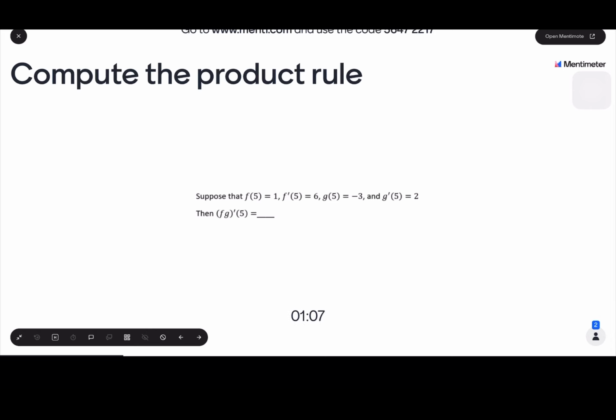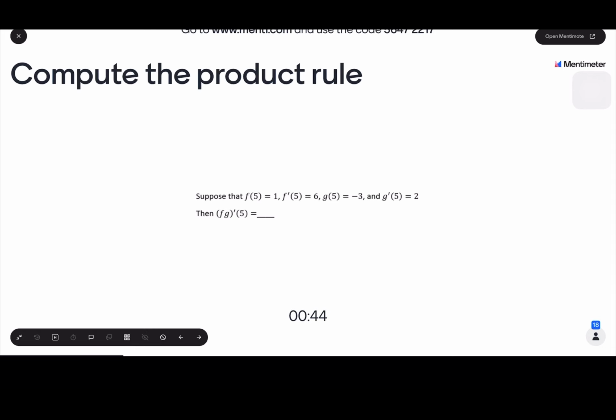So if you have f g prime, what will be the product rule? If you have minus, don't write space between the sign and the number. So I already give you a clue what the answer will be.